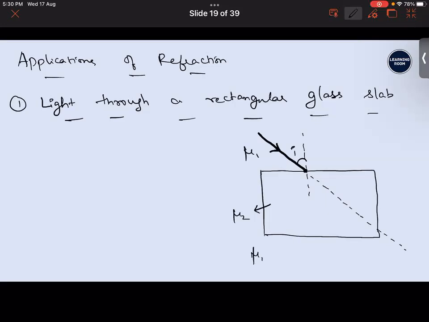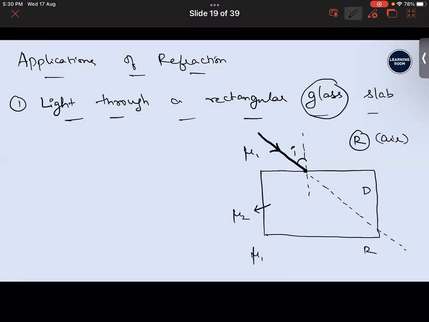So when light travels from, let's say this is rarer, this is denser, and this is rarer again, because you're talking about a glass slab, and outside medium is generally air because we perform the experiment in a lab, right? So when light travels from rarer to denser medium, it starts bending towards the normal.